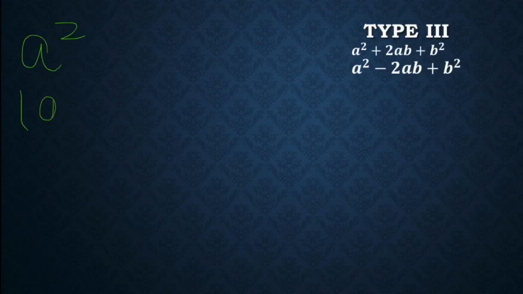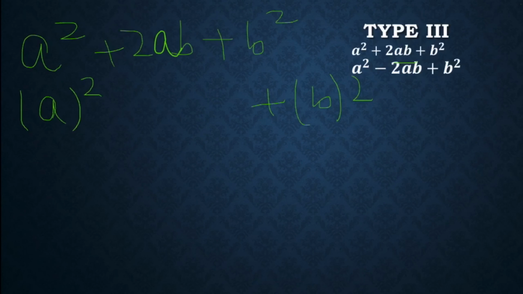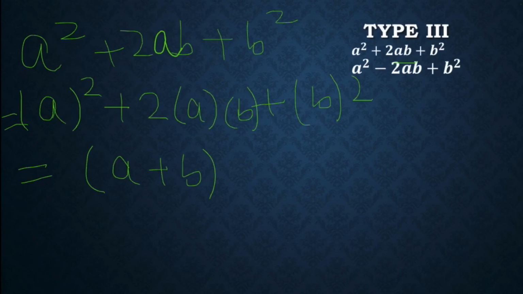A term that can be written in the form of a whole square, and in the last there can be a term which can also be written as a whole square, and the middle term will be like 2ab. It can be written as 2 multiplied by a multiplied by b. So this expression can be closed as a plus b whole square.